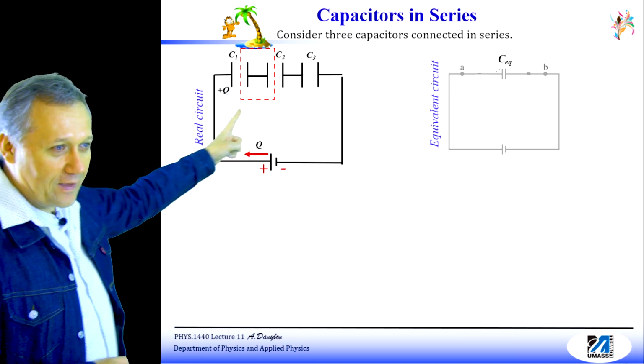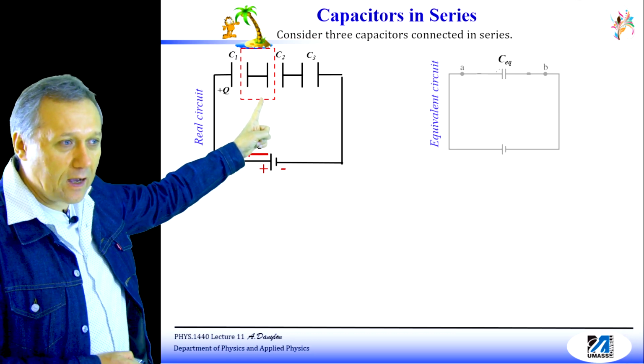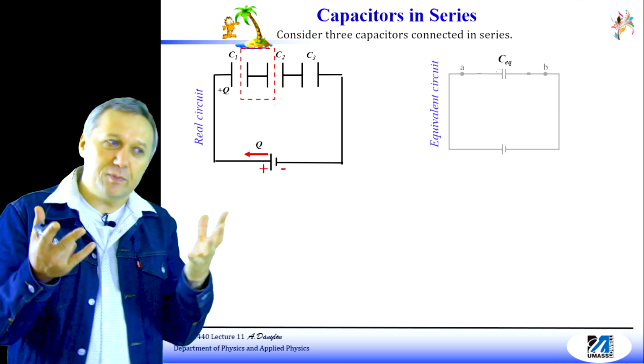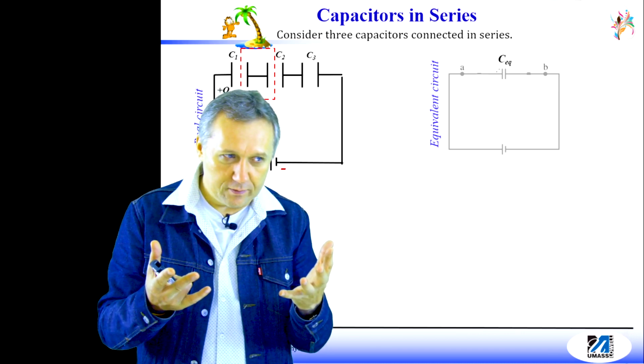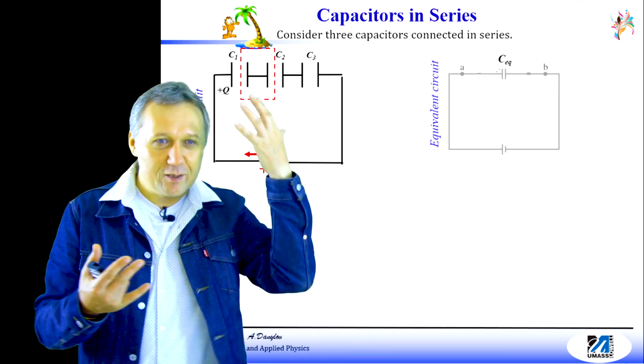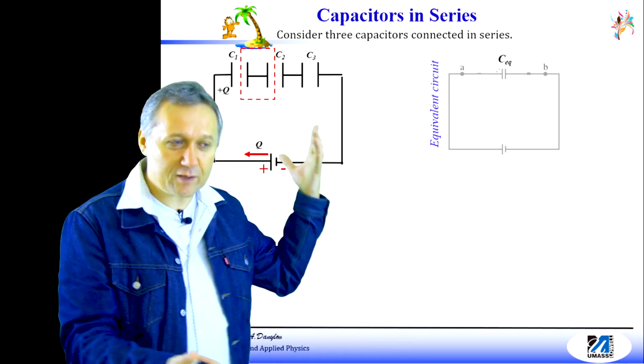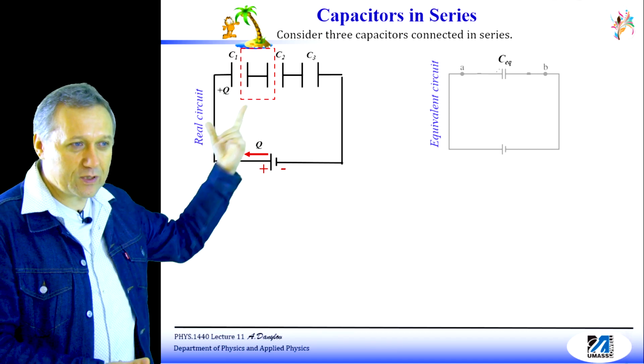Now, what will be the response of those electrons? Again, this island is electrically neutral, but it doesn't mean it doesn't have electrons. Electrically neutral means that it has an equal amount of positive charge and negative charge. So it still has tons of electrons, because it's a piece of metal.